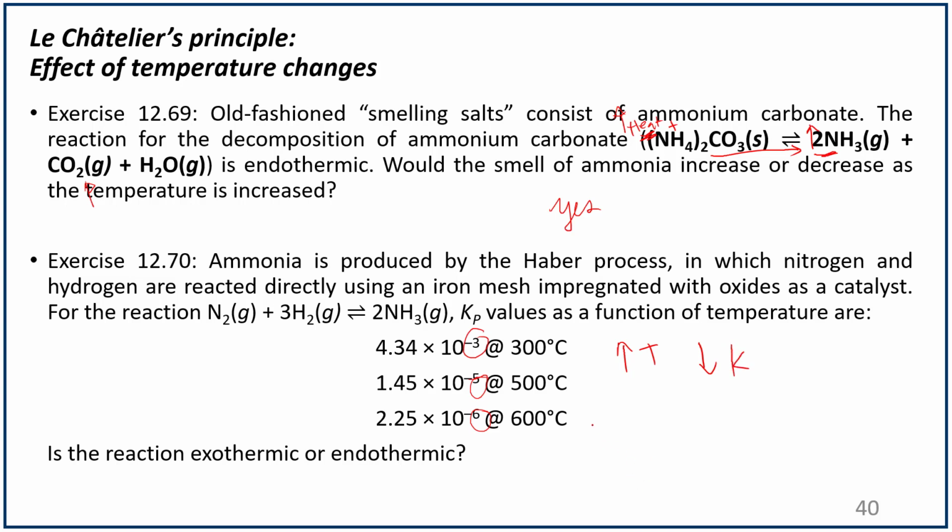So for 12.70, this just means that as you crank up the temperature, K decreases, and that means the concentration of the products is decreasing.